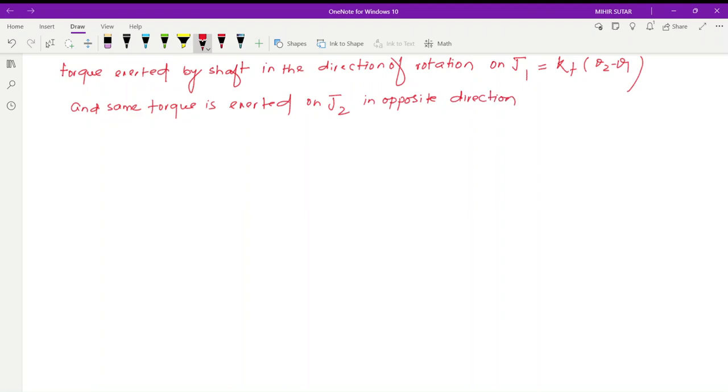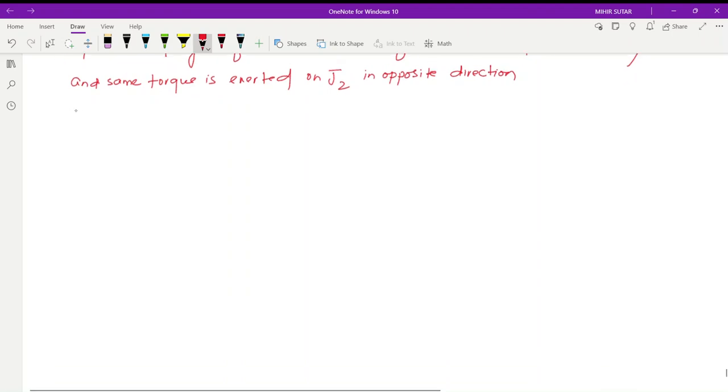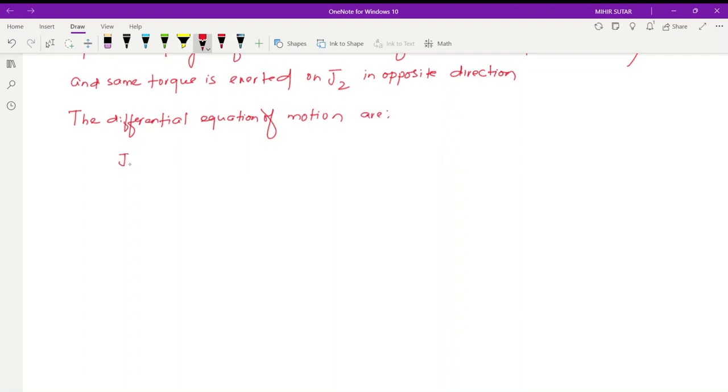So the differential equations of motion are J1 theta 1 double dot is equal to Kt theta 2 minus theta 1, and J2 theta 2 double dot is equal to minus Kt theta 2 minus theta 1.